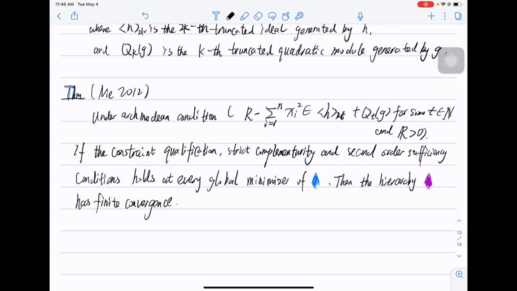Monique Laurent has a paper improving this bound, and then Pablo also has a paper using some group theory to improve this bound.